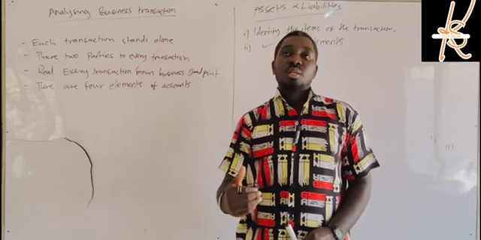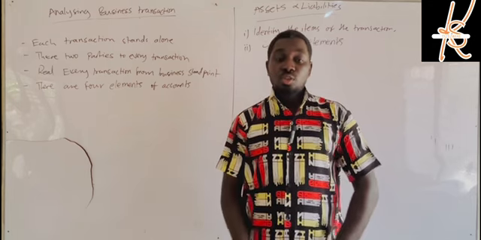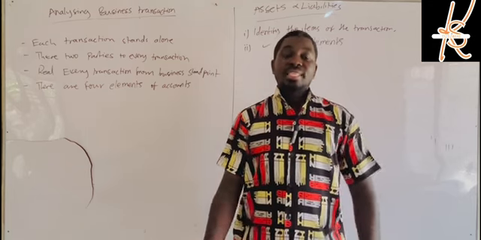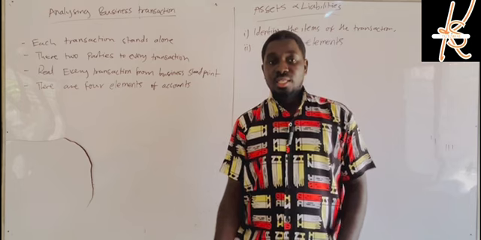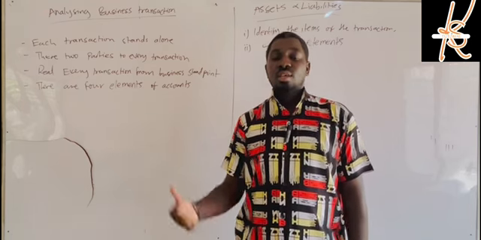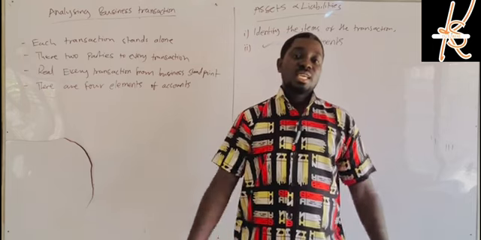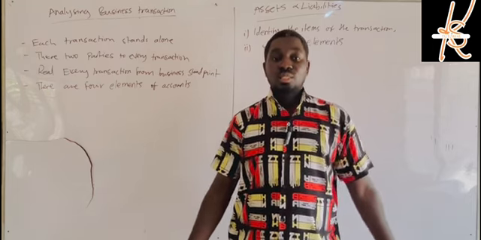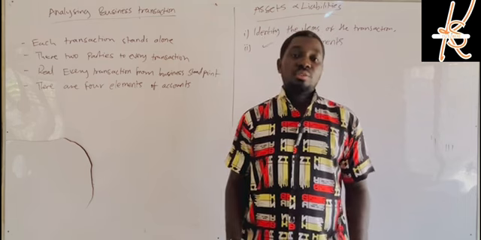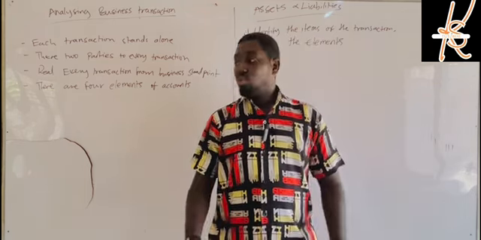Is motor van an expense or a revenue? We need to identify the elements of the transactions. Once we know the items, motor van and then cash, motor van is what? Asset. Cash is an asset. If we are able to understand the two, then it means we'll be able to analyze it.